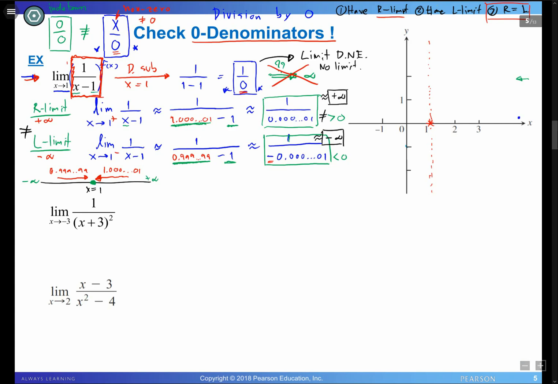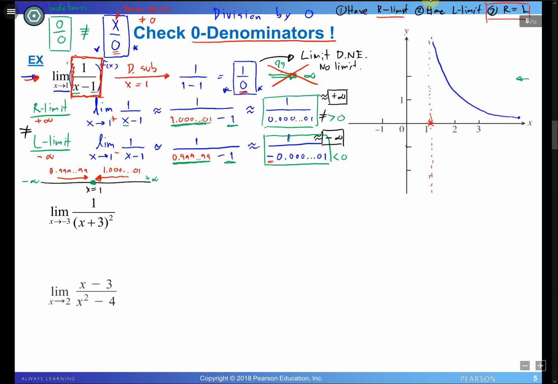And now when x gets smaller, denominator gets smaller, and your function value starts to increase. So you are going to get something like this. Starts to increase, and it's going to go to positive infinity.